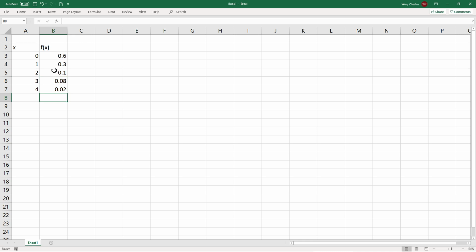So if you're asking for at least one, that means you need to add all of these together, because they all qualify as at least one. So it also means you exclude the probability of x being 0.